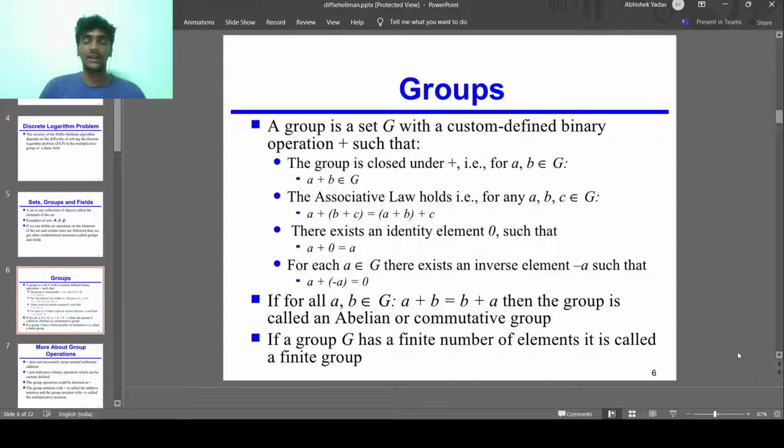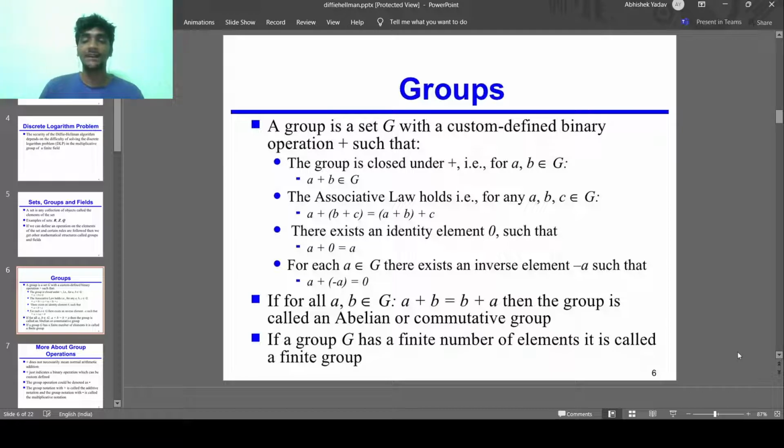Coming to groups, a group is a set G with a defined binary operation, say the addition operator symbol, such that the group is closed under the operator.